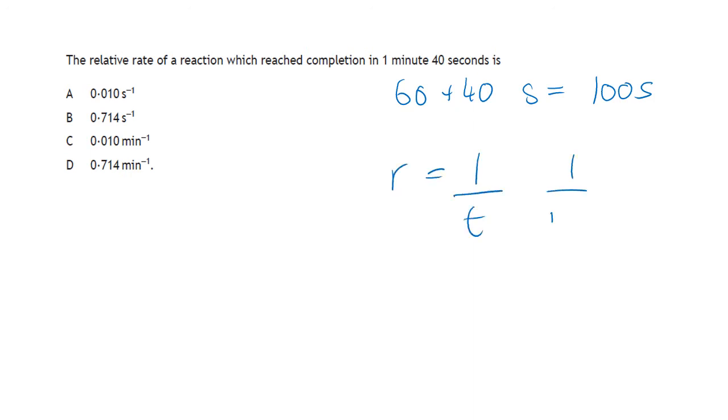So 1 divided by 100 equals 0.01. And we used seconds, so it's seconds to the -1 is our units, which means A is our answer. So remember, we've got two 0.01s in there.